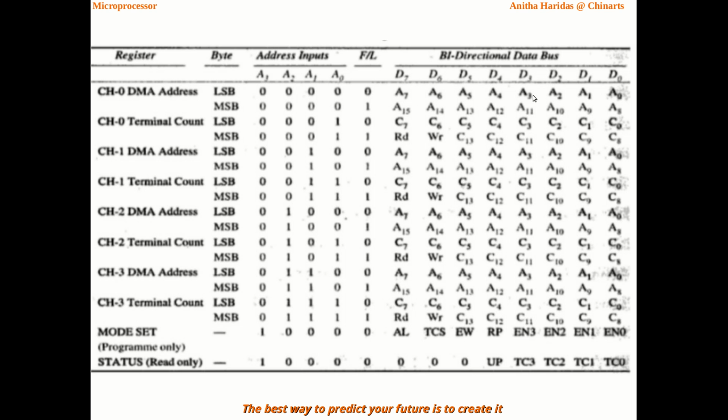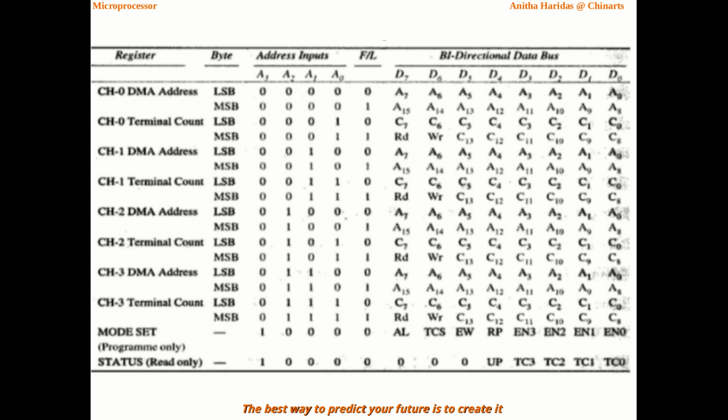By the time, D0 to D7 will contain the addresses A0 to A7, and A8 to A15 will be the most significant bits, because D0 to D7 is having only 8 bits, right? But the address is a 16-bit address.